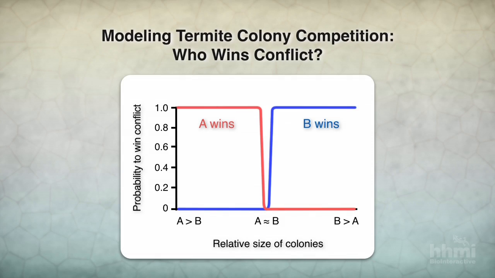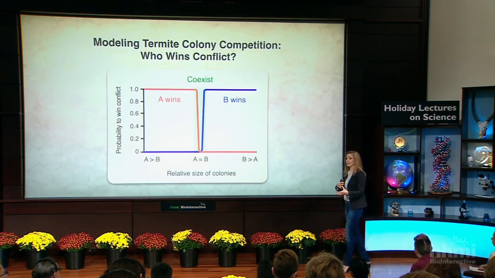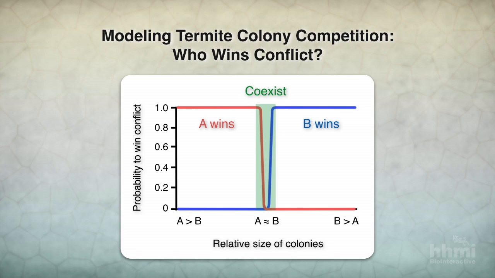But if they're pretty similar in size, let's say within 5%, 10% of each other, then they actually manage to coexist. The way these colonies fight is as an actual war, right? If there's a colony that's very small and a big one that just comes at it with all it has, it will wipe it off immediately. But if you have colonies of roughly similar size, then they will end up persisting and coexisting.